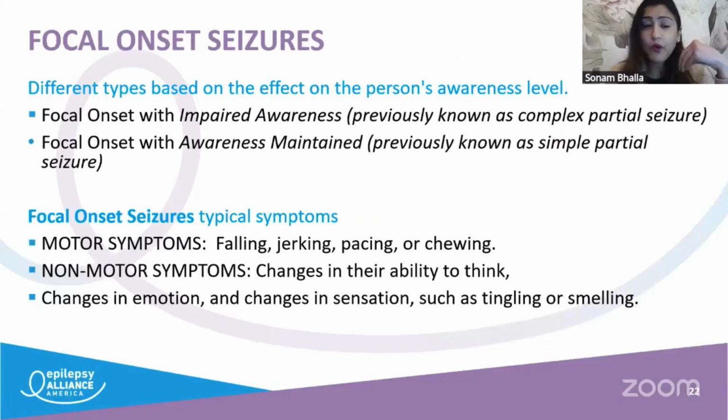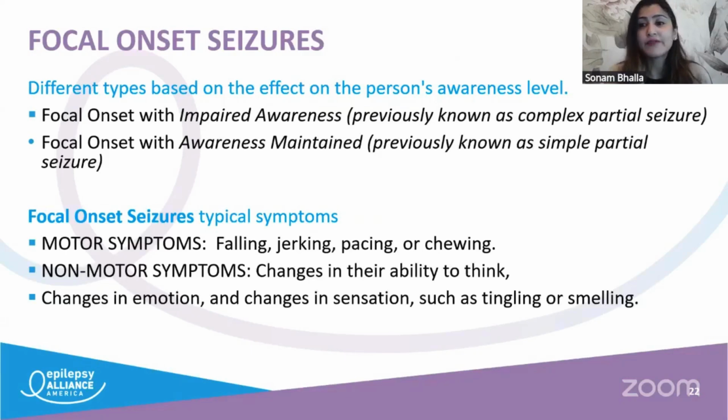Then you have your focal seizures. Now, focal seizures can have variable semiology, like I mentioned earlier, depending on which part of the brain they are coming from. You can have focal with impaired awareness, where you are not responding, somebody's talking to you, you cannot respond back. You may be able to hear them, but you're just not able to respond back, involving just jerking of one arm or the other.